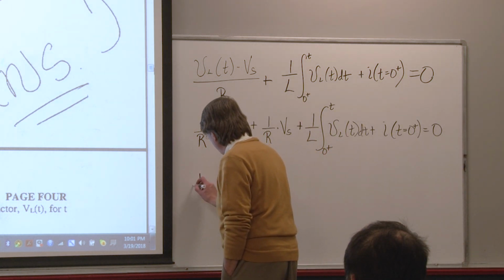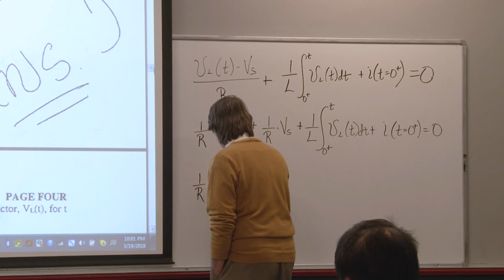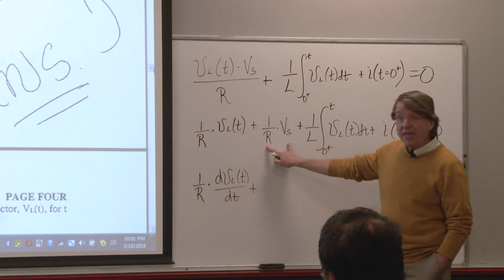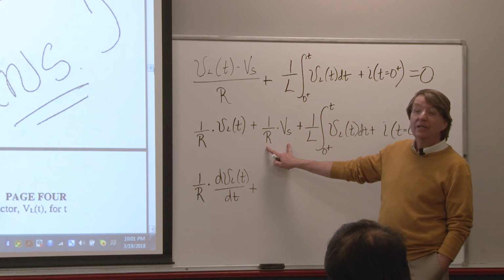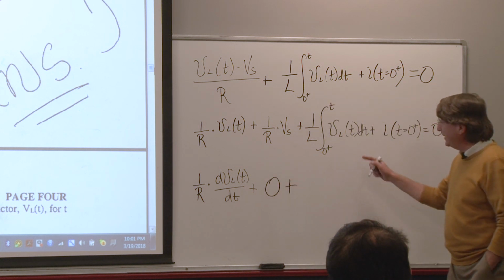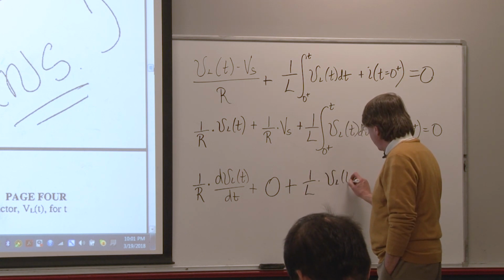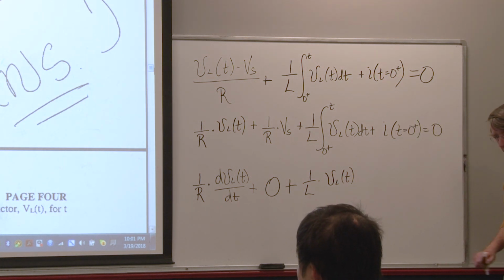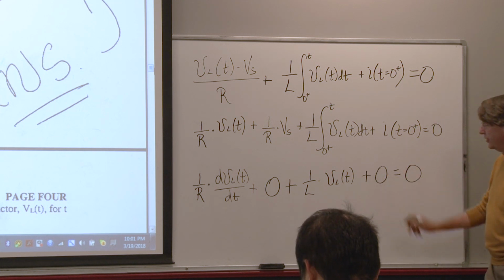Taking the derivative of the first term, I get 1 over R times the derivative of V sub L of t dt, plus, Vs is a constant. What's the derivative of 1 over R times Vs? 0. Plus, I take the derivative of this. What I get is just 1 over L times the integrand, which is V sub L of t. I then get this term here, which is a constant. That's plus 0 equals 0.